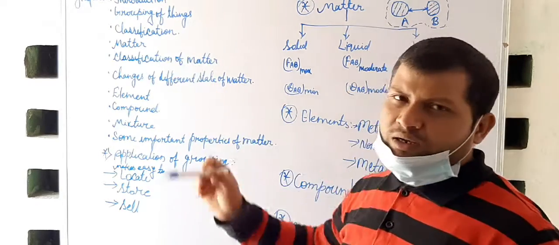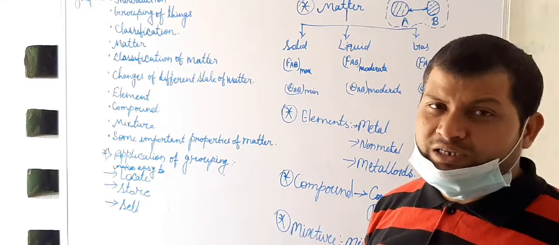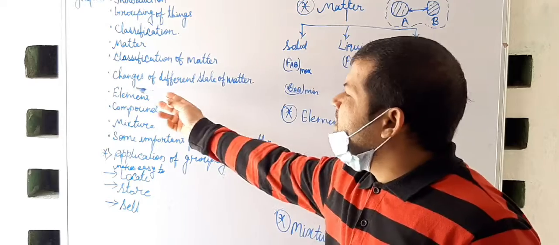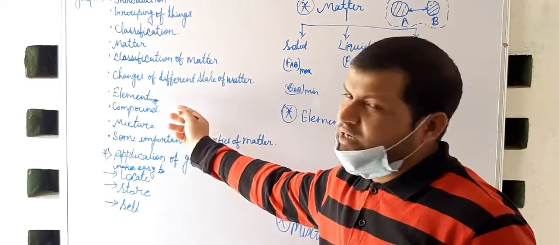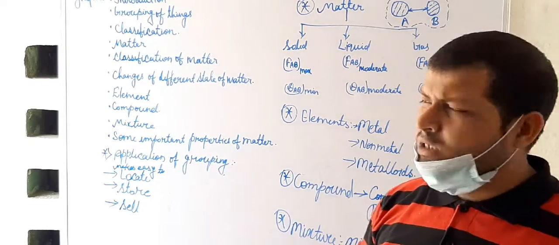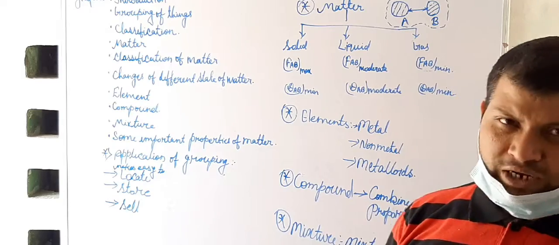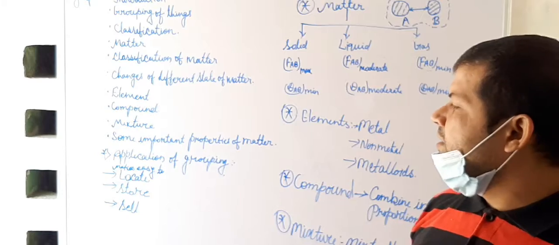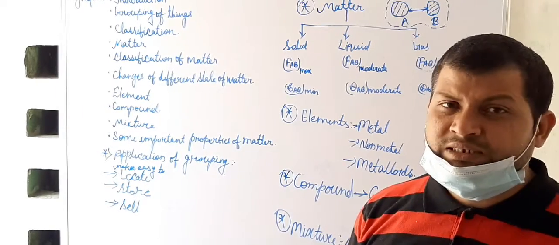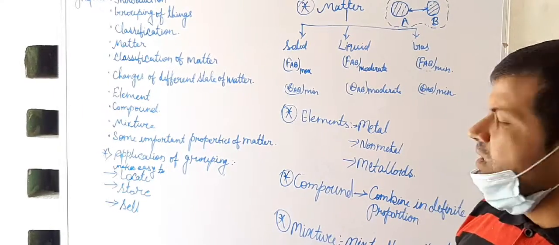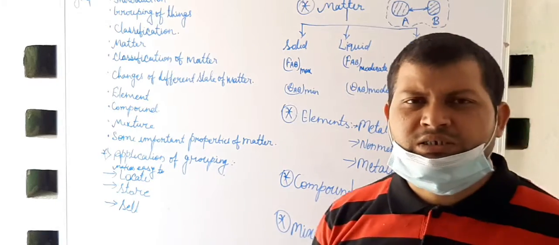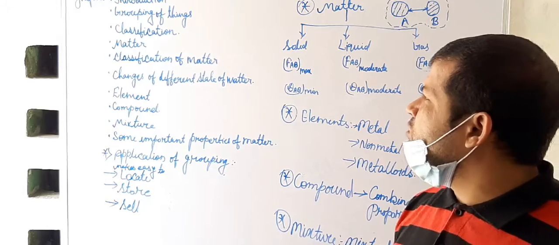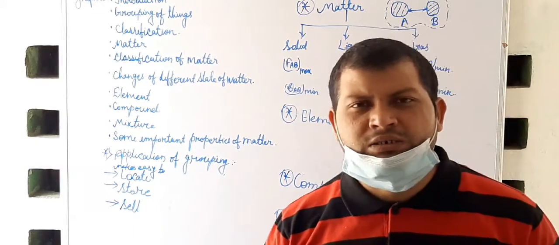After that I will discuss matter, what it is, and the classification of matter, different states of matter, elements, compounds, mixtures, some important properties of mixed matter, and after that the application of grouping. So let us start with the sorting of materials.